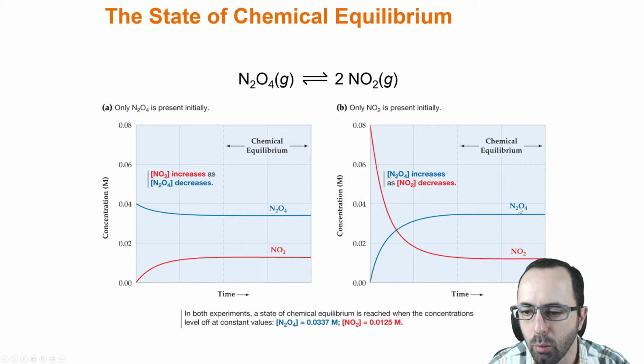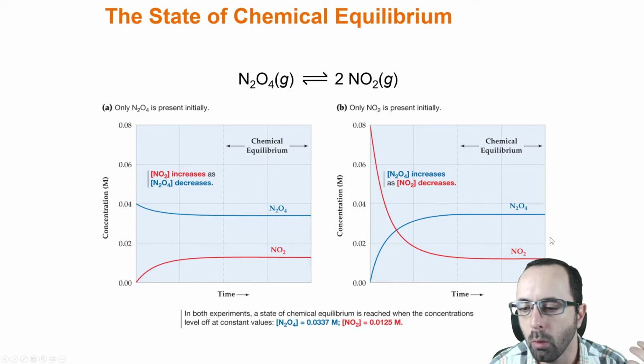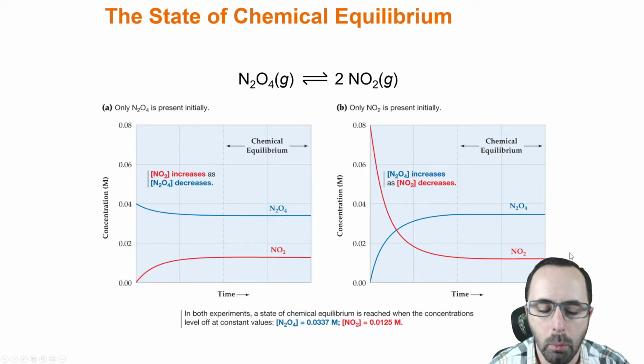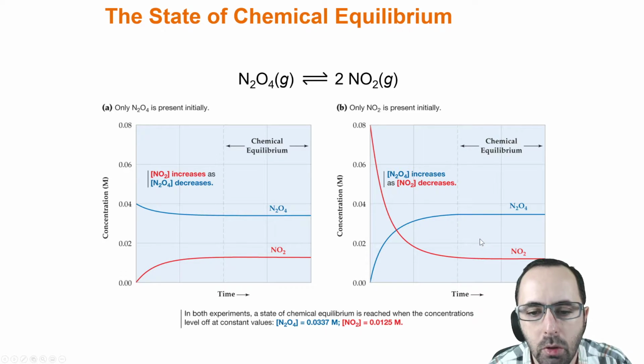Because this ratio, essentially, when expressed in a certain way that we're going to talk about, remains the same. And we're going to call that ratio, or a formulation of it, the equilibrium constant. It's going to tell us about how much of a reactant there will be relative to a product once equilibrium is established.